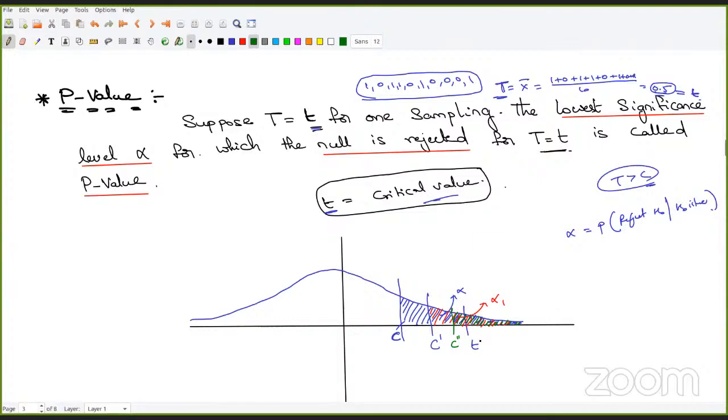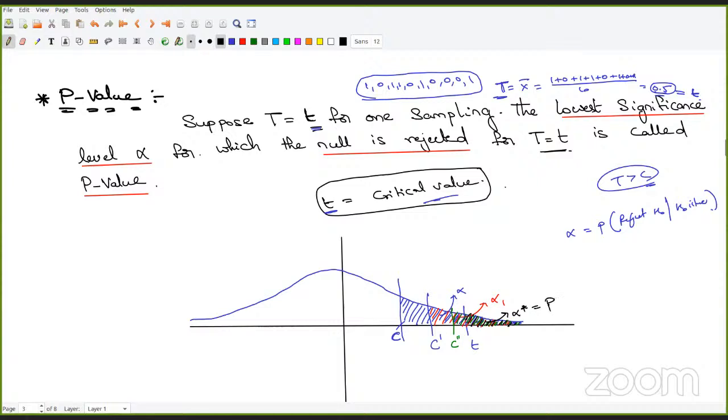So for this t, there is some alpha star, correct? If t is taken as the critical value, instead of c, c dash and c double dash, then corresponding to this particular t there is some area, some alpha star. This particular alpha star is called the p-value.